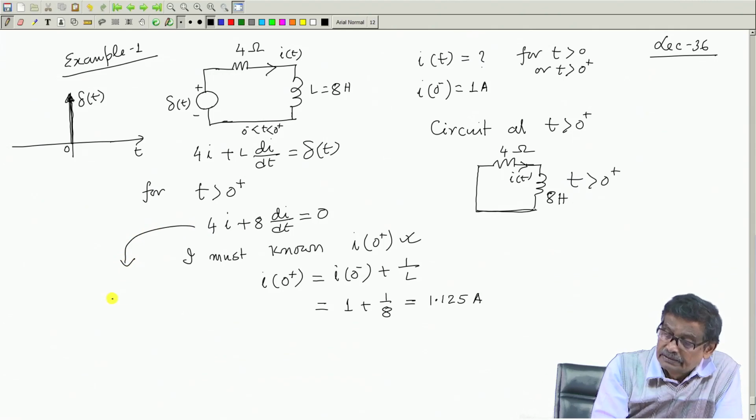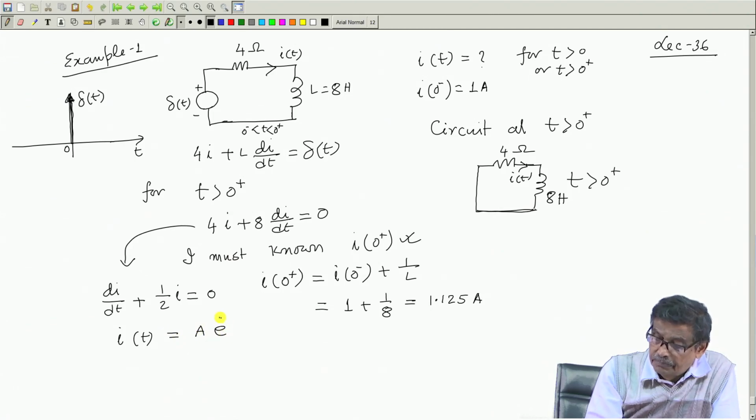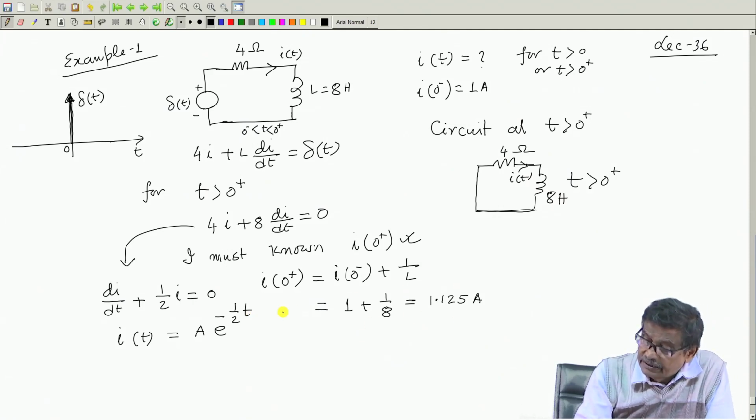This equation is nothing but di dt divided by 8 plus half I is equal to 0. So, I can straight away write I t will be equal to A into e to the power minus half t, and then I will apply this boundary condition.